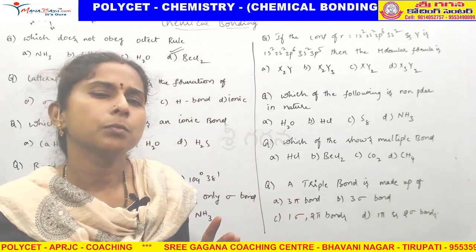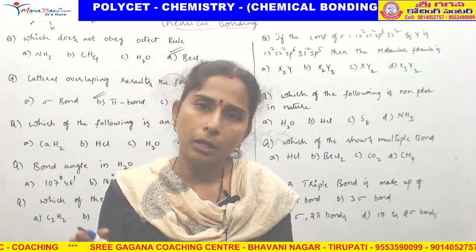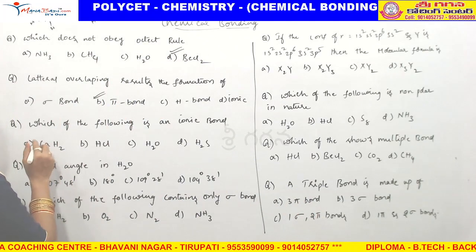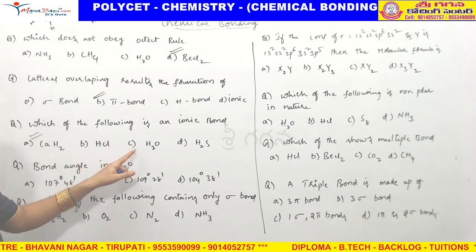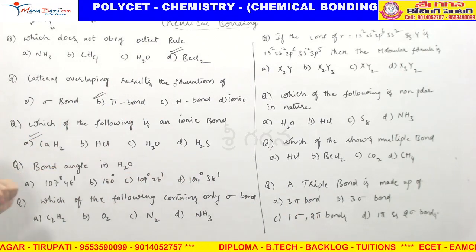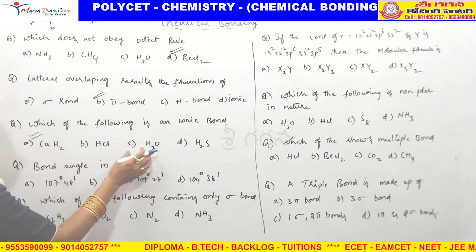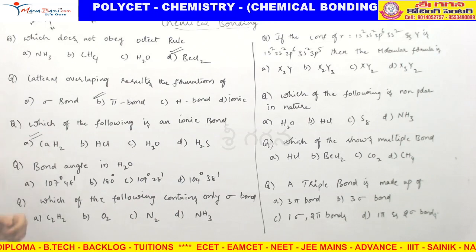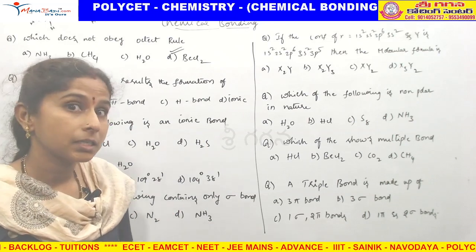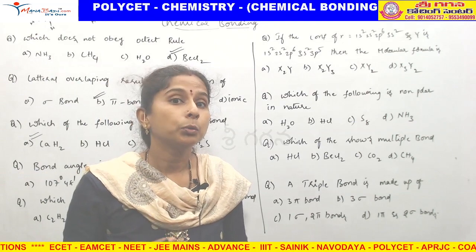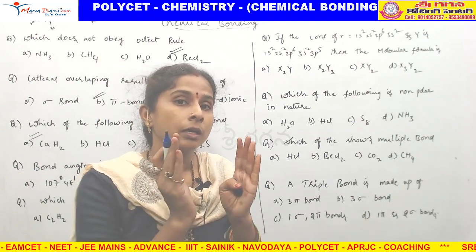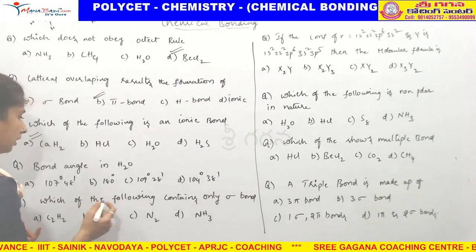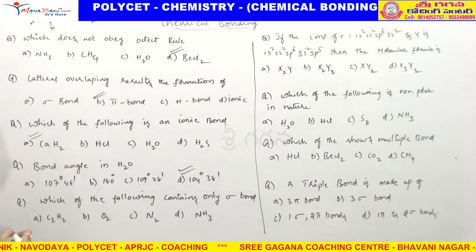Metals are there means obviously they will form the ionic bond. Which is the metal? Calcium is a metal, so mostly it is ionic. The remaining you can understand, this is covalent bond. HCl we see, H2O we see, H2S also, like that. And the bond angle of H2O we already discussed in VSEPR theory. Due to the lone pair repulsions, it became near to 104 degrees.